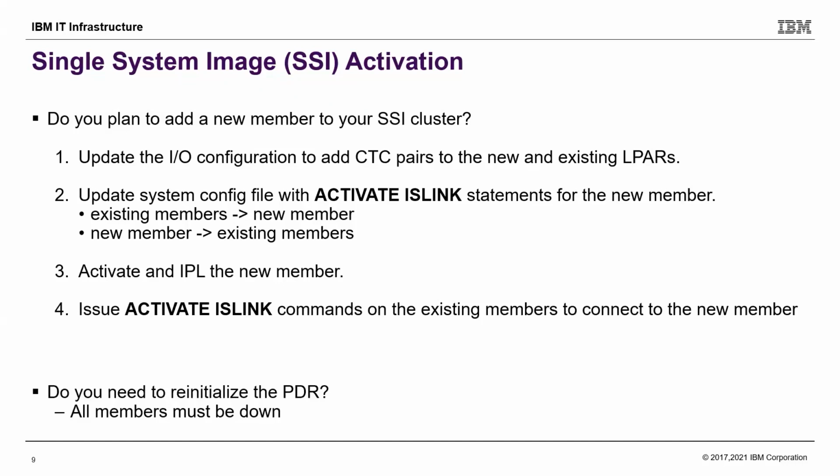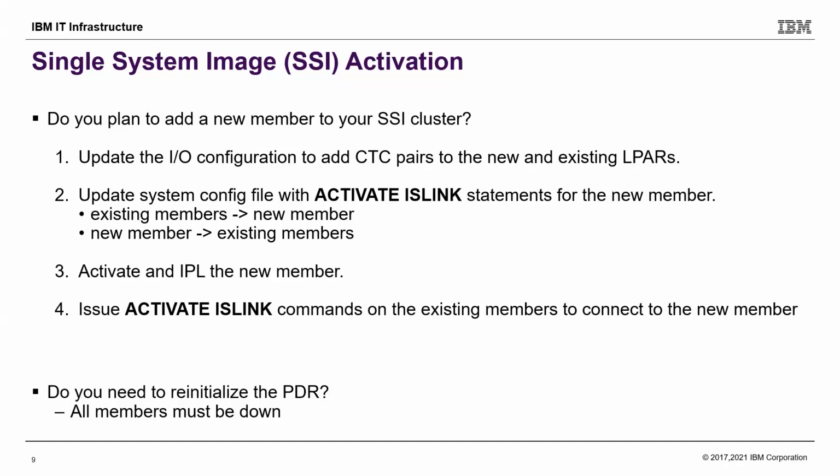And if you're setting up a system and maybe it's going to be the first member of your cluster, but you know that you're going to be adding a second or third or maybe even fourth member in the future, the sooner you know what these configuration attributes are, the sooner you add them into both the IO configuration and your system config file, the less disruption you'll have later when you're actually bringing the member online.